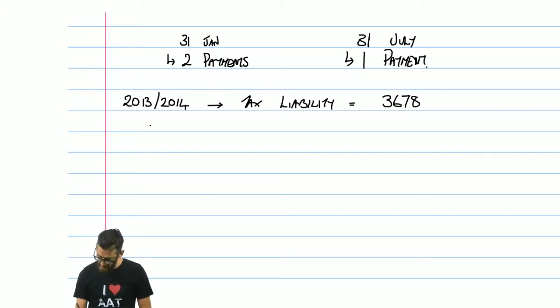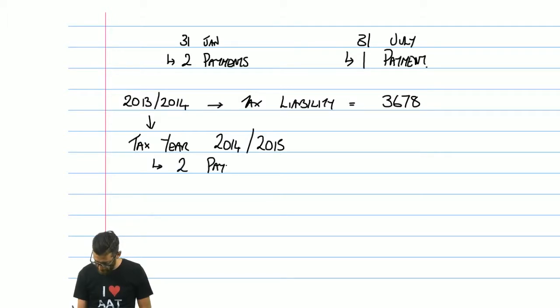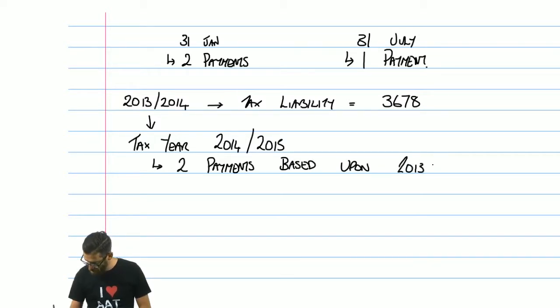And subsequently, in the following year, in tax year 2014/2015, we will make two payments based upon the 2013-2014 figure.